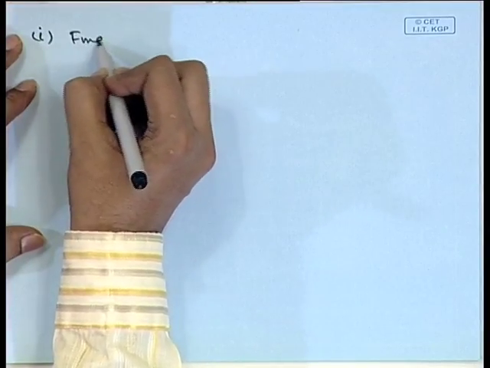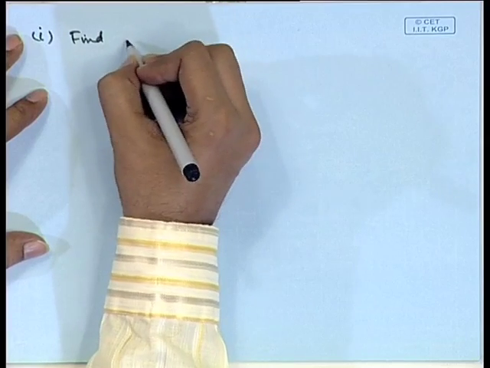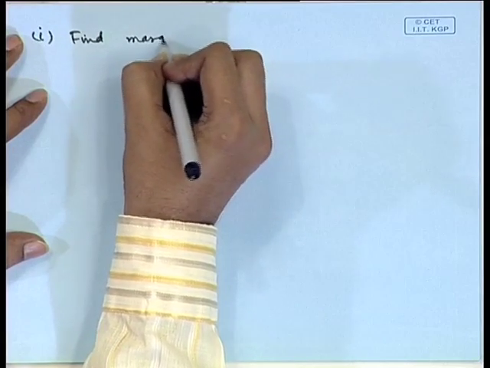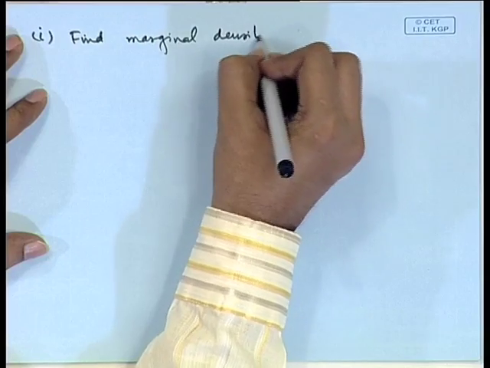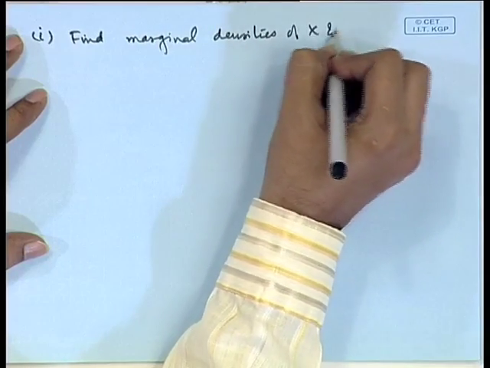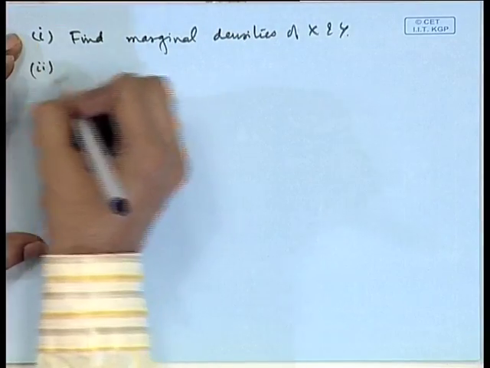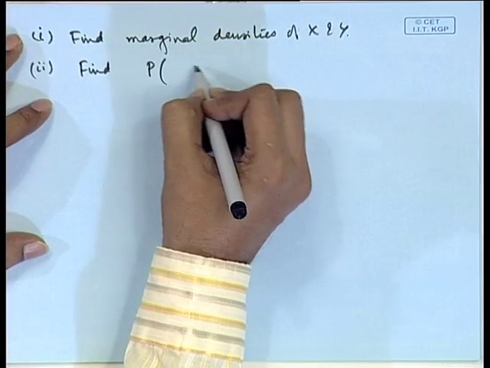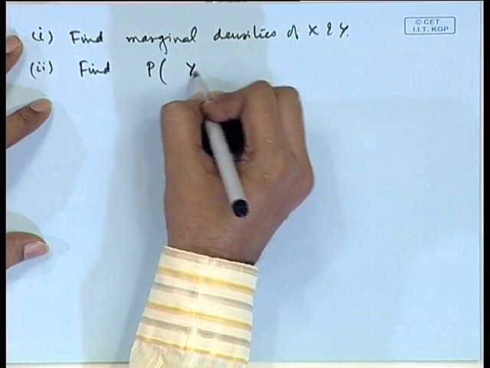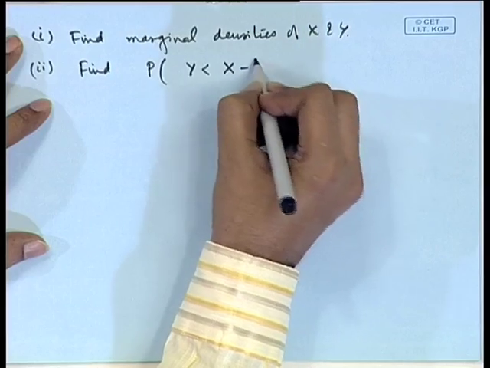So, find marginal densities of x and y. Find probability y is less than x minus half.